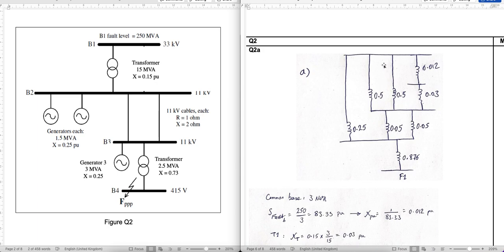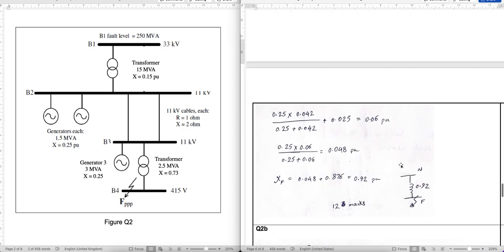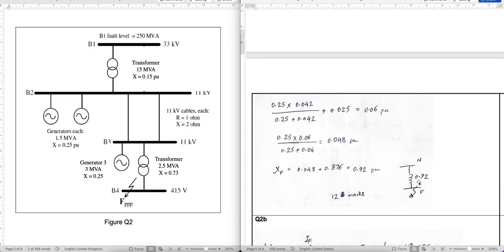And all what you get here is parallel to this one. And after you've done this part, that is connected in series to this one. So finally you get 0.92 per unit.